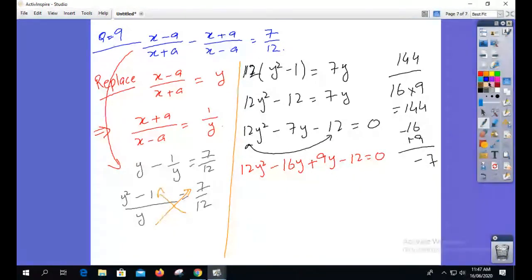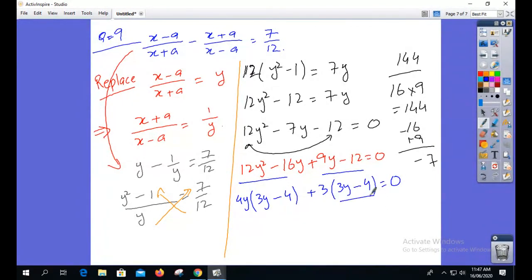What we can take common from here? And from here, we take 4y, we left 3y minus 4. From here, we take 3, and we have 3y minus 4 equals to 0.